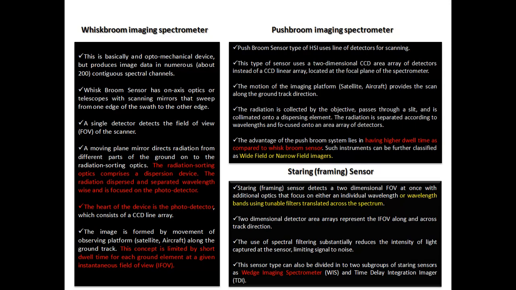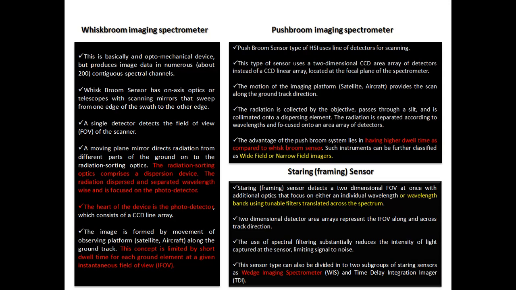But in the case of the Push-Broom, the collected radiation passes through a slit and is collimated onto the dispersing element.